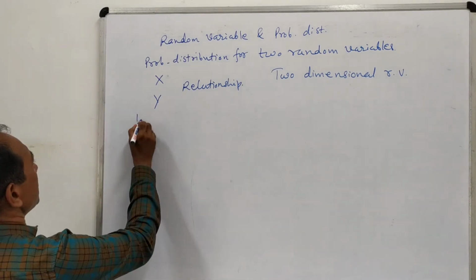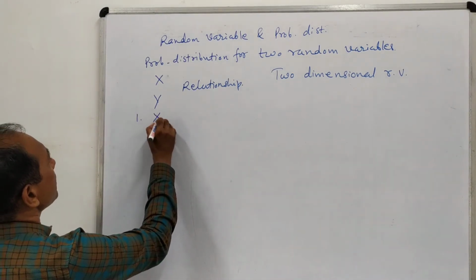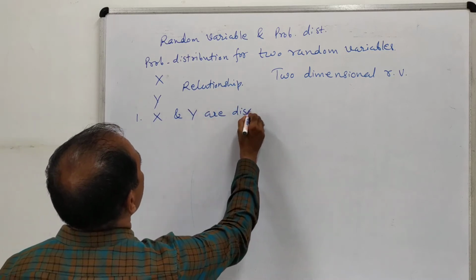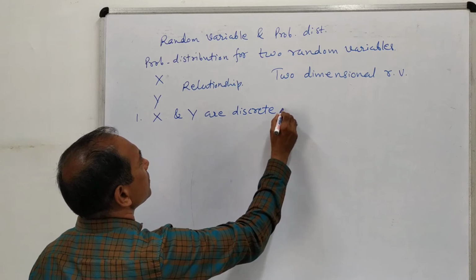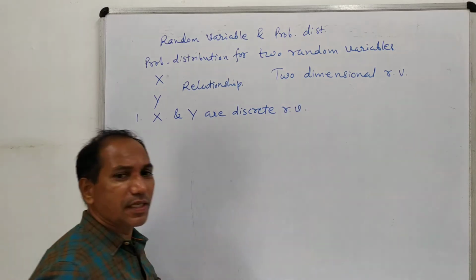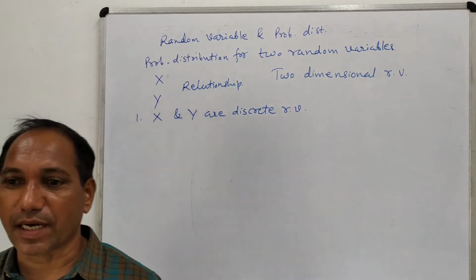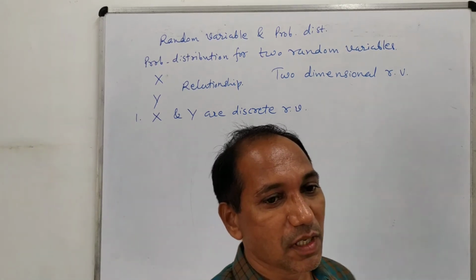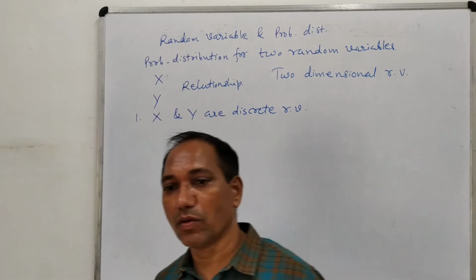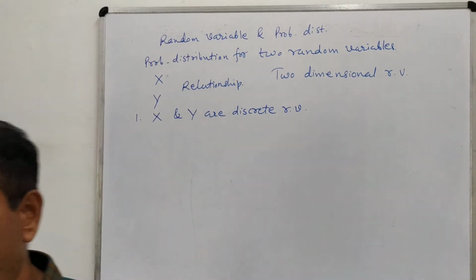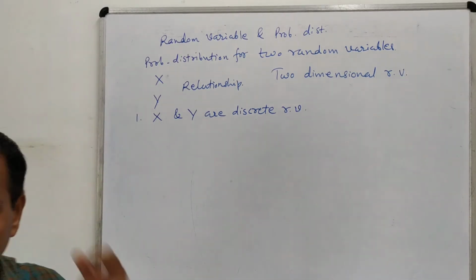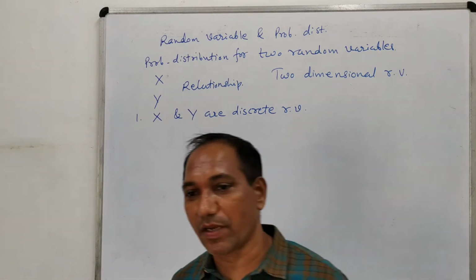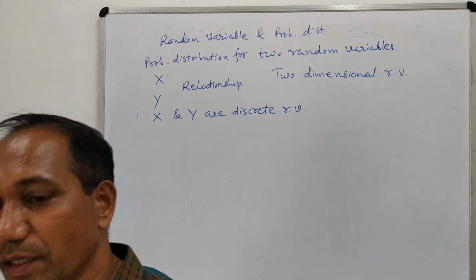So in the first case we will assume that both X and Y are discrete random variables, and you already know what is a discrete random variable. Discrete random variable means which is associated with the values 0, 1, 2, 3, 4, 5, etc. And continuous random variable means those which assume the values from a given interval.